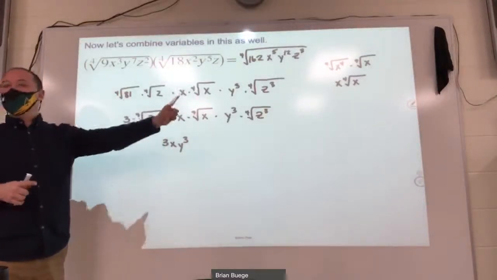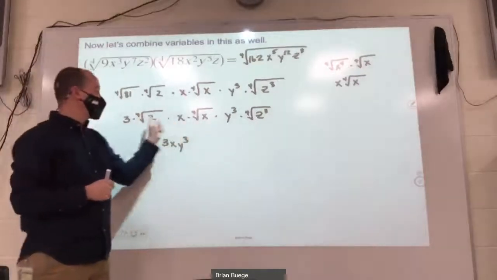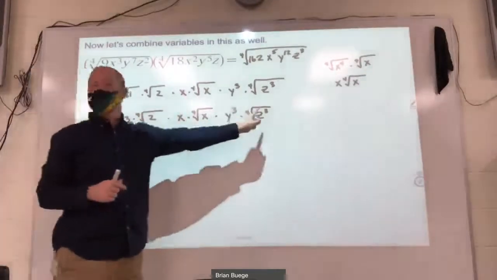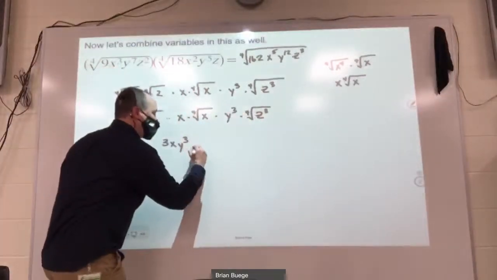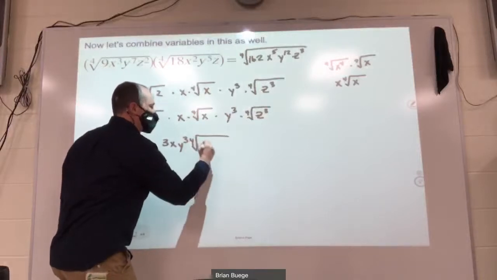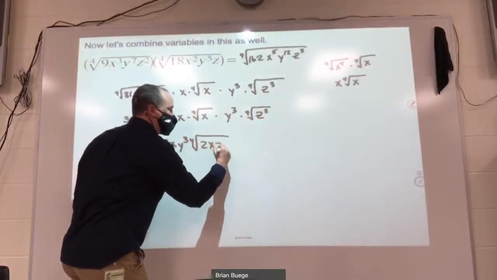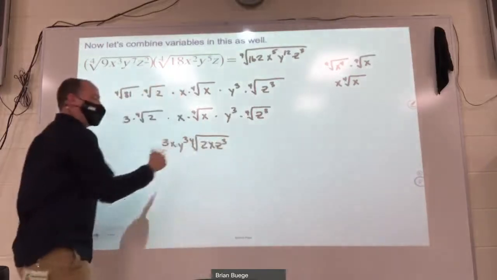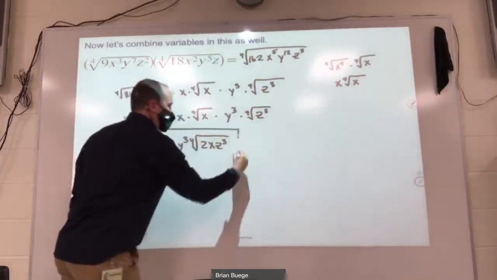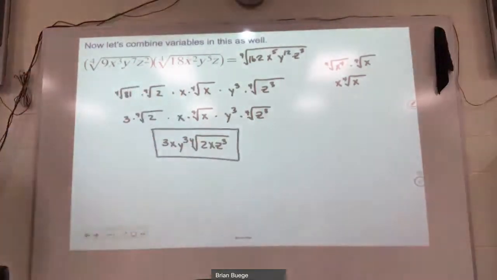Then everything under the radical we multiply together, so we have the fourth root of 2xz cubed. That stuff is all underneath the radical. And that's as far as you can go.